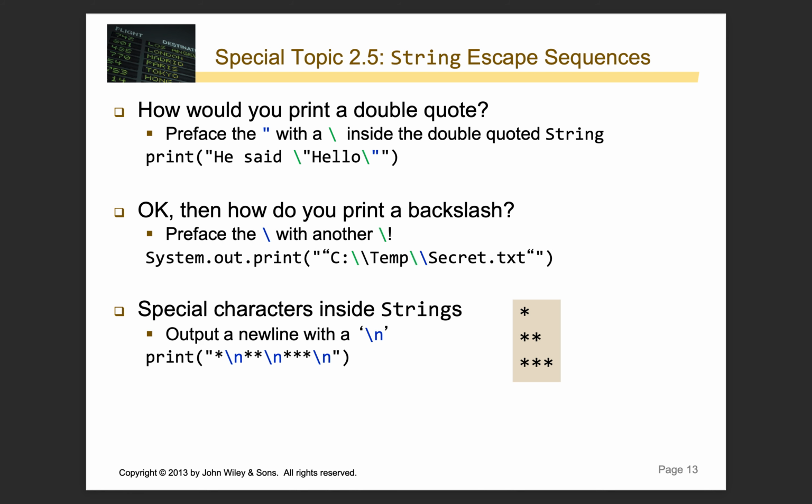Well, to print a backslash, you just need to preface it with another backslash. So if you wanted to print c:/temp/secret.txt, you actually need to put double backslashes in everywhere, so a single backslash will appear.